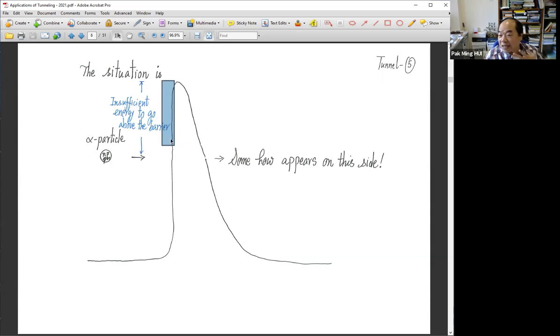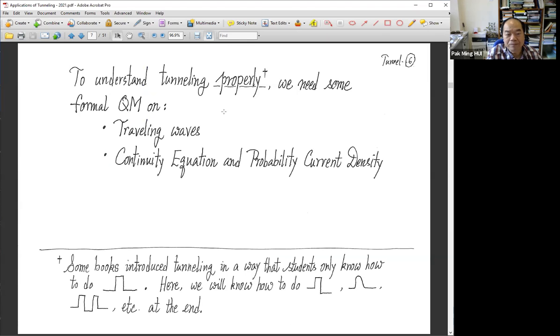Now we have some sense already. Even if the kinetic energy varies by a little bit, these two parameters can vary by much. Namely, how far it has to tunnel through and what is the deficiency in energy. So it starts to make sense to consider tunneling as the mechanism of alpha particle decay.